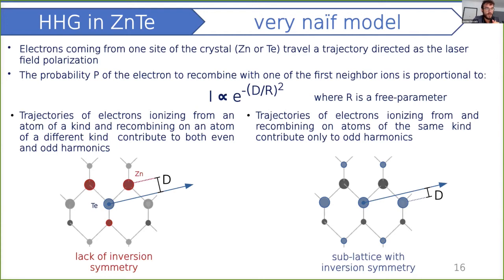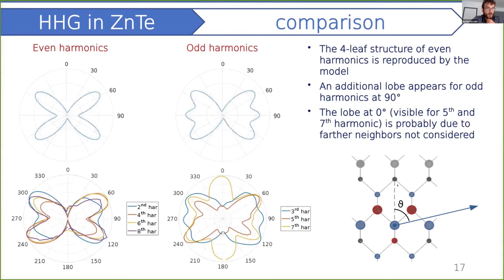On the contrary, when the electrons are ionized from one atom of a kind and recombine on an atom of the same kind, due to the presence of an inversion symmetry in this process, the radiation emitted is in this case expected to contribute only to the odd harmonics. So we only consider the recombination with close neighbors, highlighted in the picture, and we can retrieve the expected emission for even and odd harmonics, which is here represented in light blue.